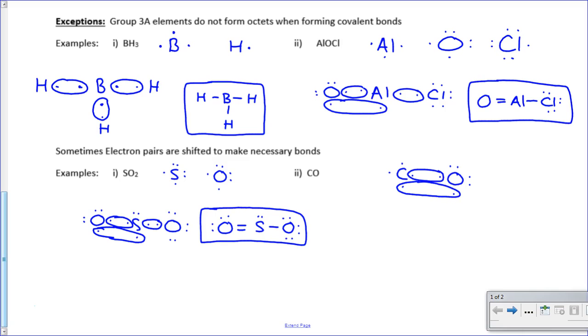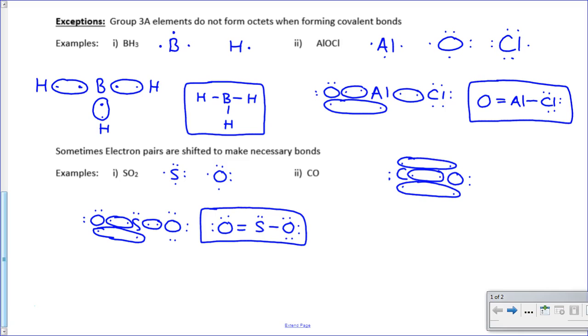But then we have this situation where the oxygen is kind of okay, but unfortunately the carbon is not okay. And so what ends up happening is this oxygen is going to give one of its electrons to the carbon, which I'll put over here. All right, and then they can bond a third time on the top.